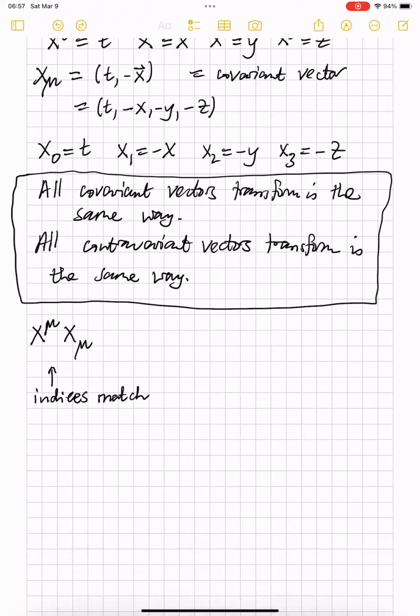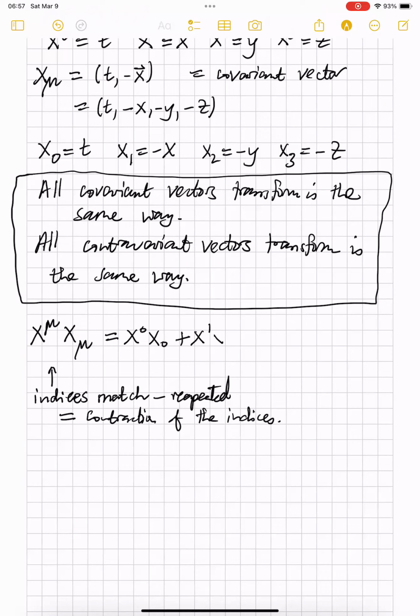When the indices are repeated, this is called a contraction of the indices. And what this means is whenever there's an upper index and a lower index that is repeated, it means that these indices are summed. So we've got x0 x0 plus x1 x1 plus x2 x2 plus x3 x3.